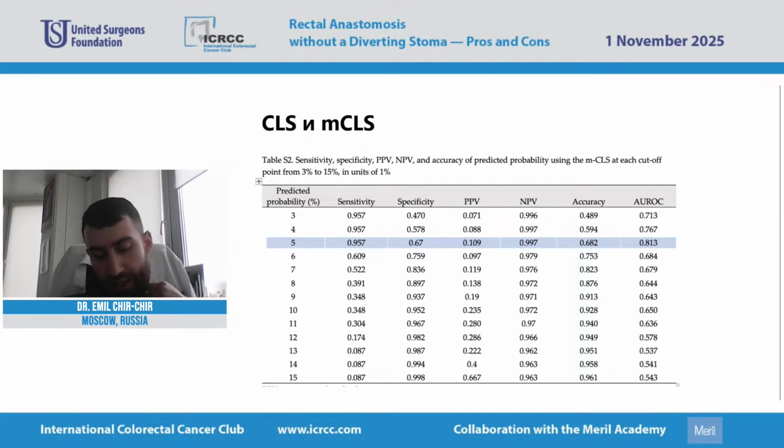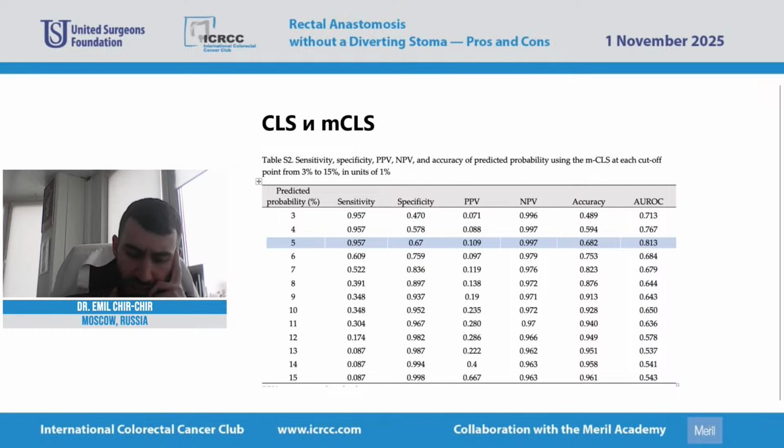After reviewing the CLS and MCLS, our team concluded that the authors approached the creation and modification of the scale thoughtfully, including performing internal validation. The presented results look optimistic. They propose a threshold for the scale of 5.5% leak risk.